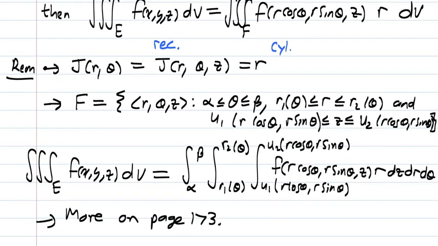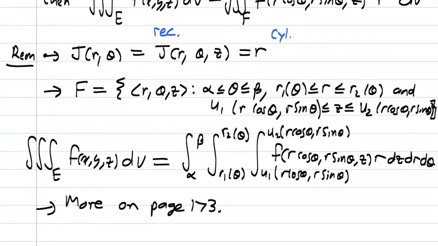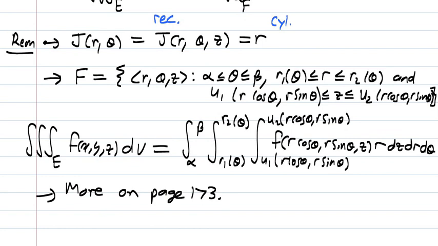And so there's more comments on page 173, so please read those remarks on page 173. Alright, so this is how you jump from rectangular coordinates to cylindrical coordinates when working out a triple integral.